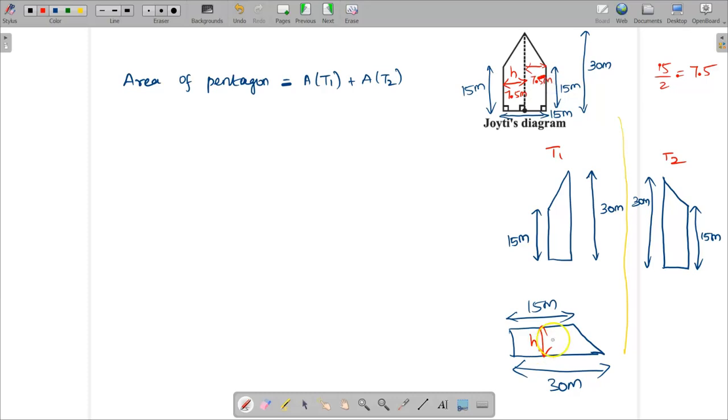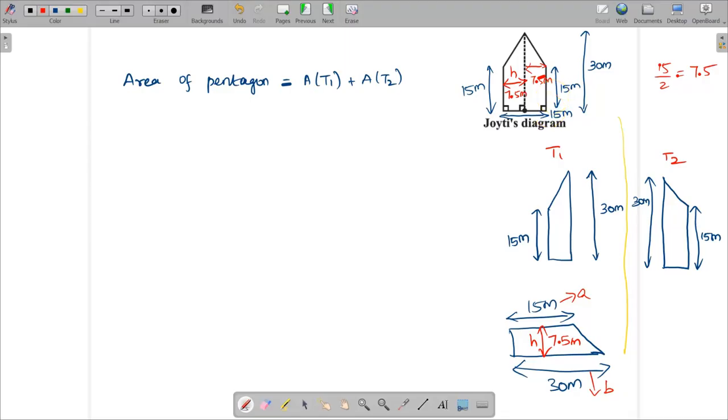So I can take the height as 7.5 meter. So divide 15 by 2 and check that it will be 7.5 meter. So all the values required for the trapezium are there in the diagram. So this is A, the length of one parallel side, this is B, the length of another parallel side.